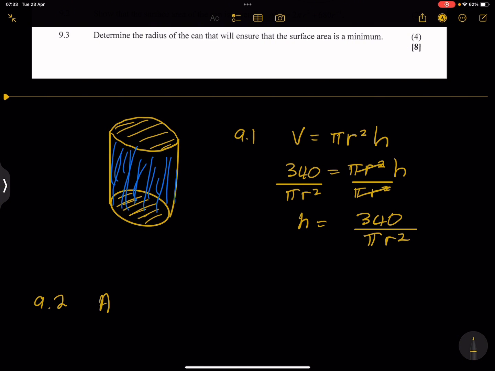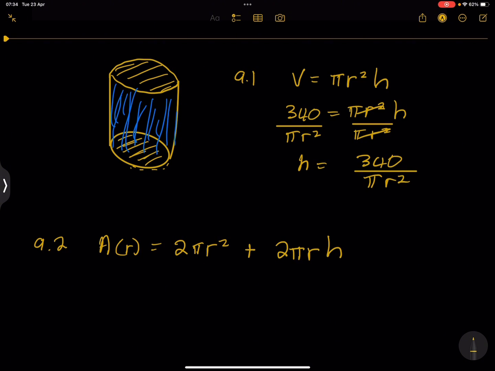They said it's in terms of r. It would be 2 times pi r squared, the two circles at the bottom and at the top, plus, remember this is 2 pi r, the circumference of the circle, multiplied by the height h.